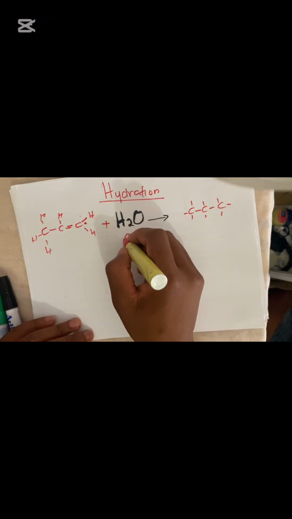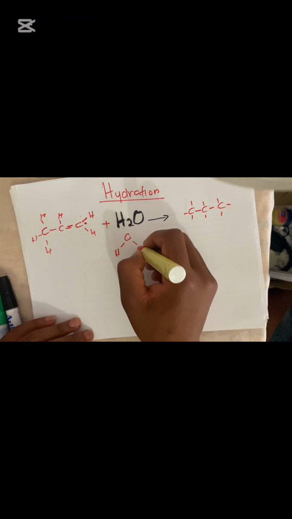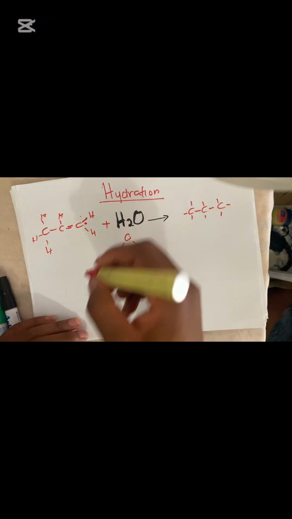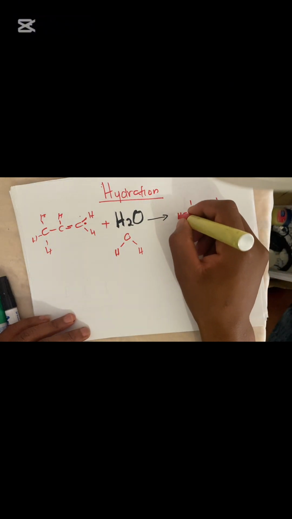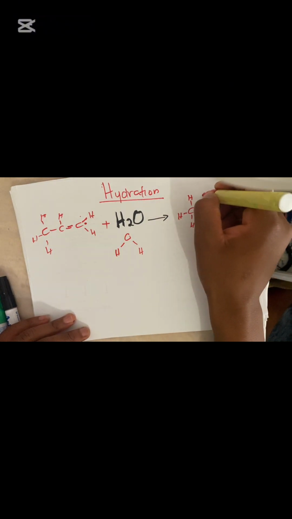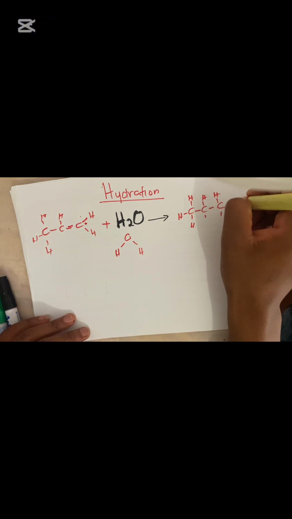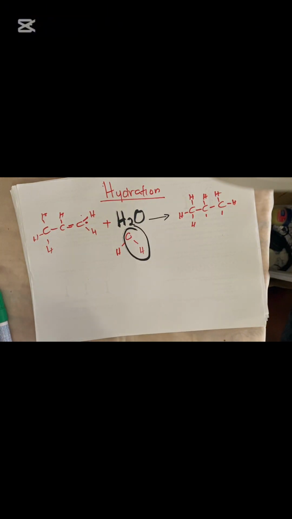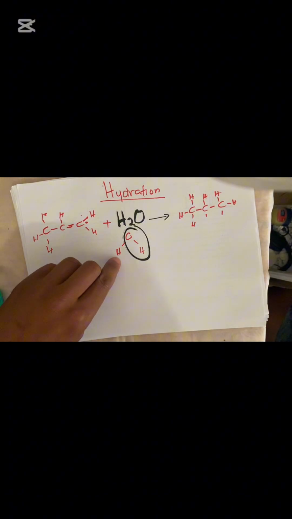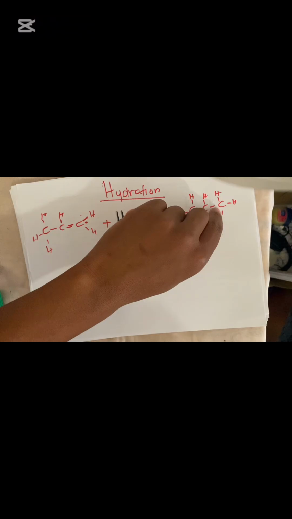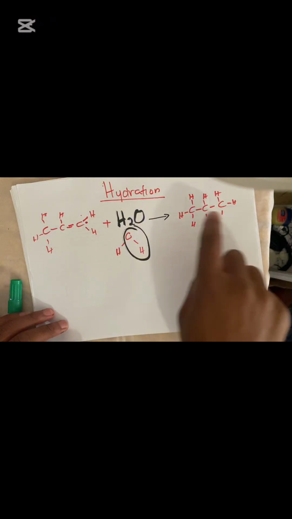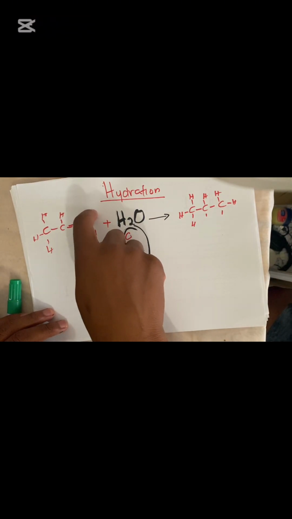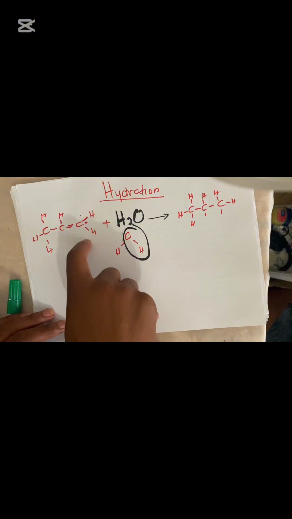Now, let me draw the hydrogen. 1, 2, 3, 4, 5, 6. According to Markovnikov, the hydrogen will be bonded to the carbon with the most hydrogen atoms.